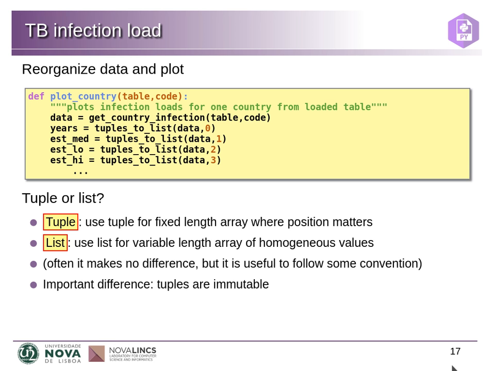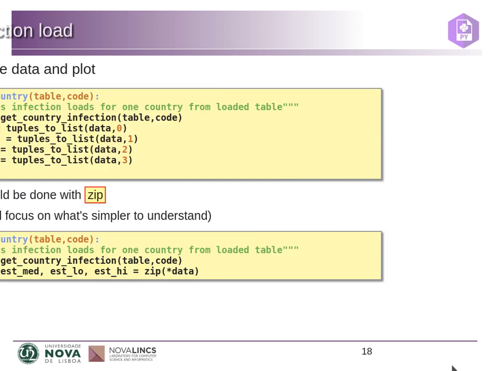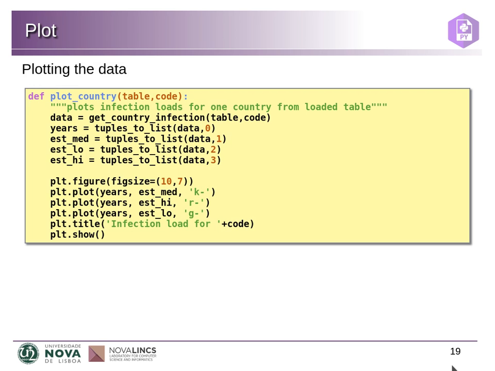So we get the infection data for the country using that other function, and now we're going to get a list for the years, the median, the average estimated infection load, the low estimate and the high estimate, by calling successively this function to get each of the columns. And now we can do the plot by using these values here, these lists with years, the estimates. We can create a figure and then plot each of them with a different color. And here we have a new example of how to use plot.